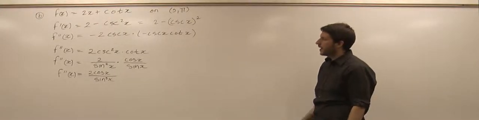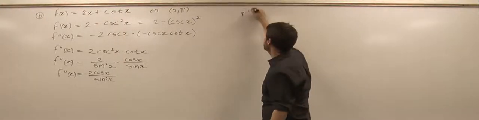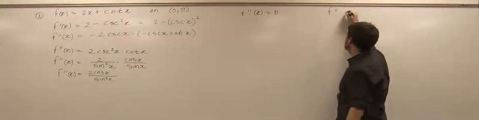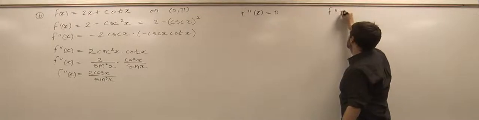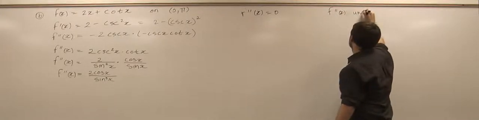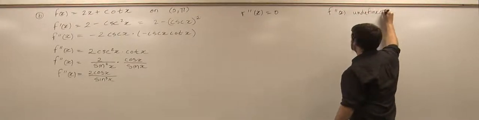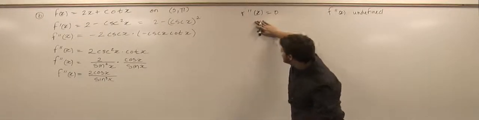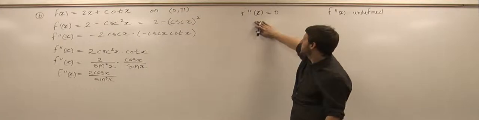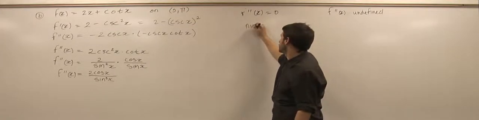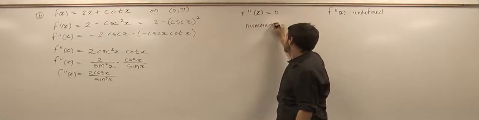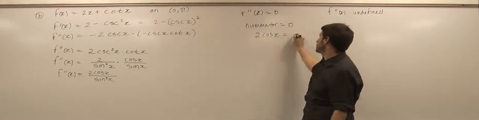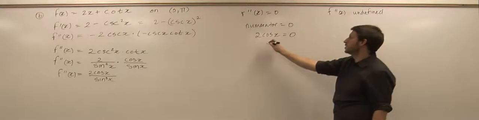So, I need to do two things. I need to know when f double prime equals 0 and when f double prime is undefined. So what do I do here? When is a fraction equal to 0? When the numerator is 0. So I set 2 cos x equal to 0. Divide out the 2.